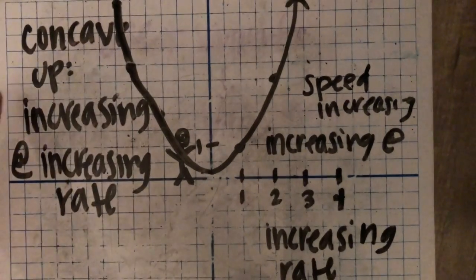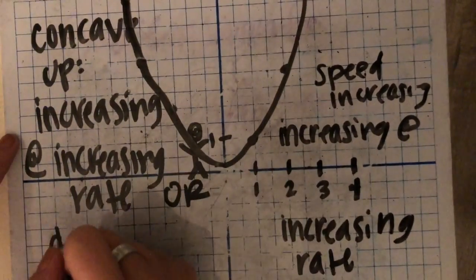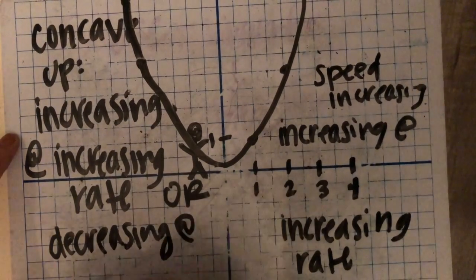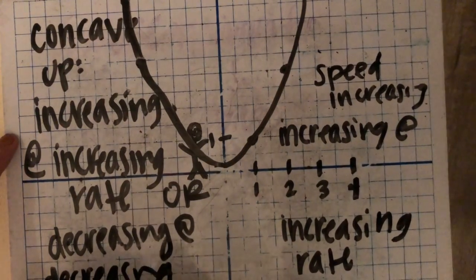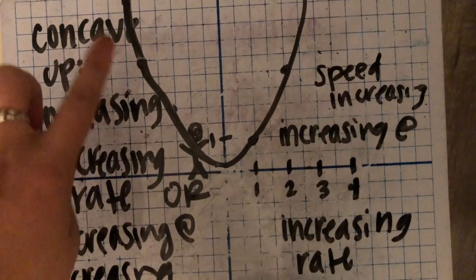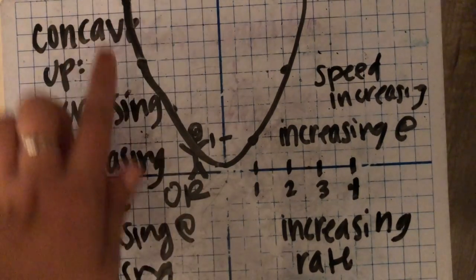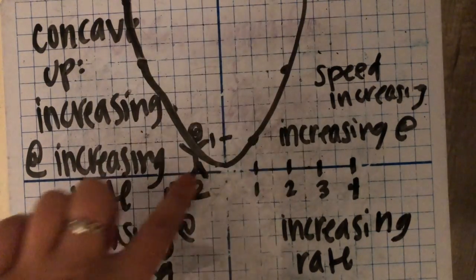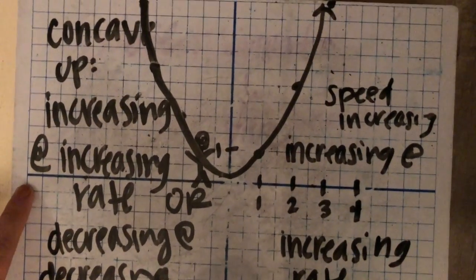So if you are increasing at an increasing rate or decreasing at a decreasing rate, that is concave up. If he is slowing down, but he starts slowing down quickly and then more slowly, that is what makes my concave up shape, that U shape.